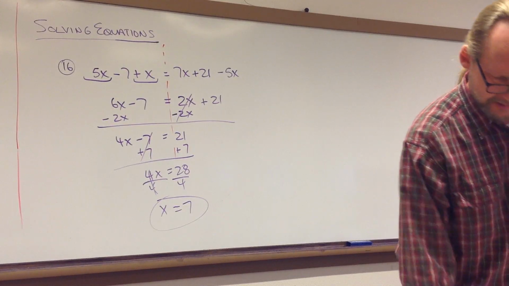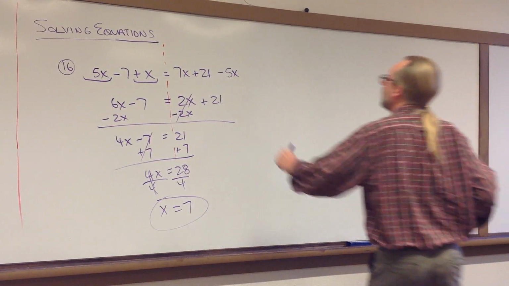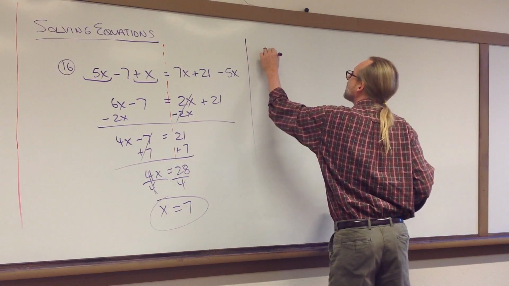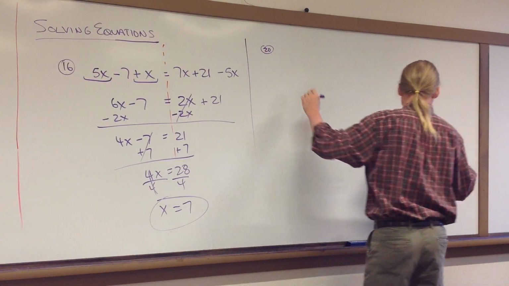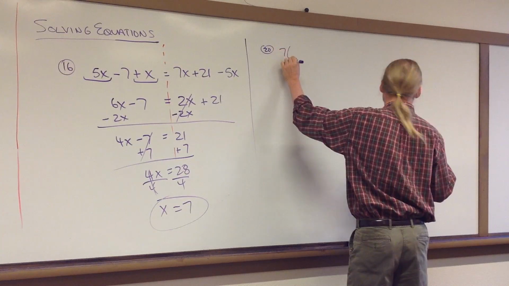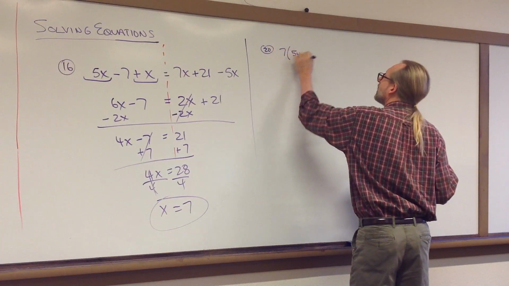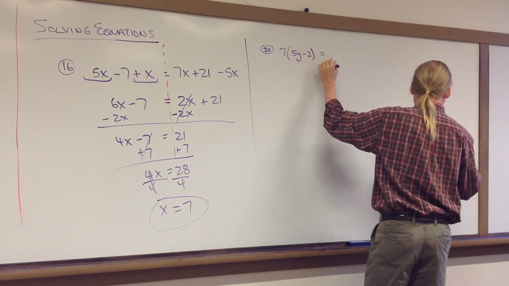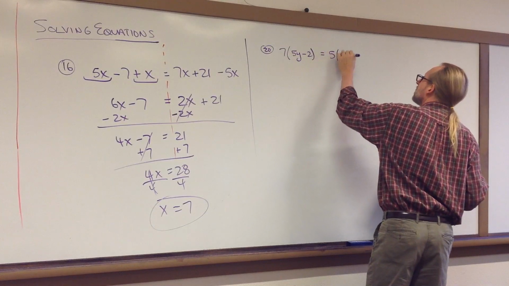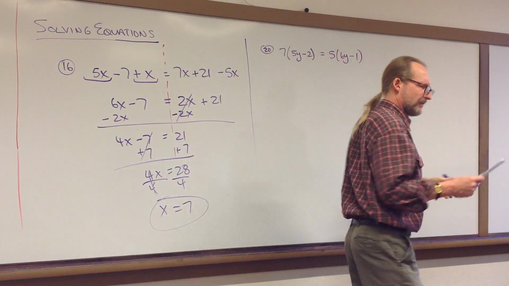Okay. Let's look at problem 20 over on the second page here. This is 7 times 5y minus 2 equals 5 times 6y minus 1.